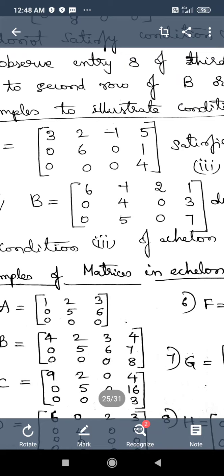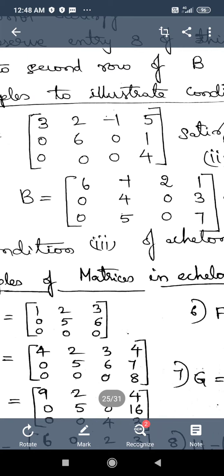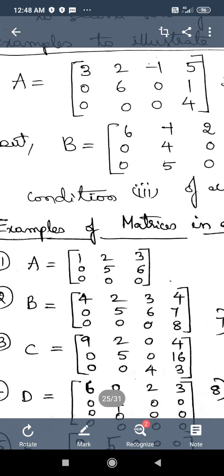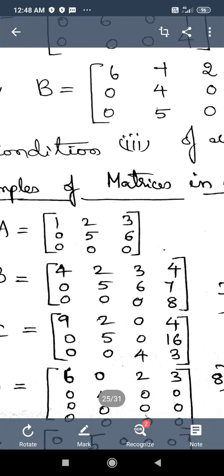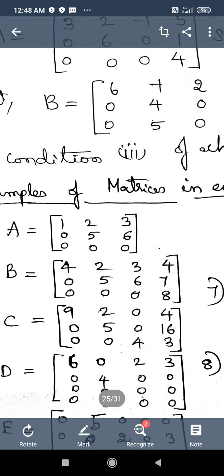And we can also see that all the elements below the leading elements in the first column and in the second column are zeros. So this is how this matrix is in echelon form. We can see those 3 conditions in the other matrices mentioned here.